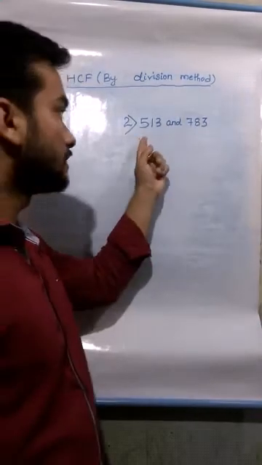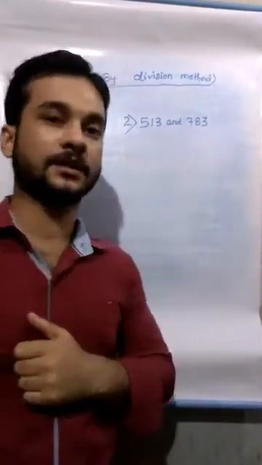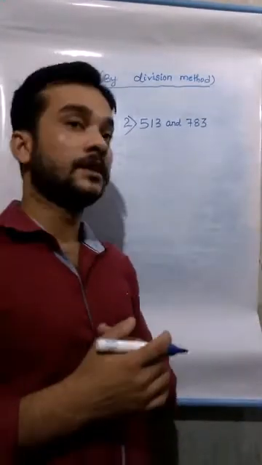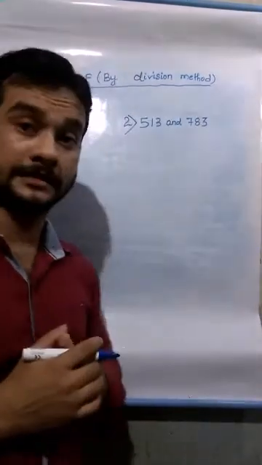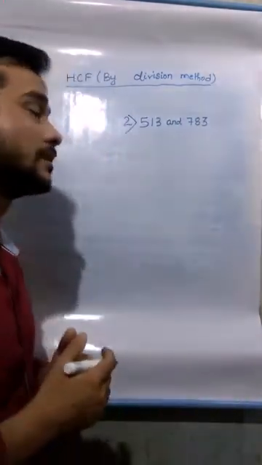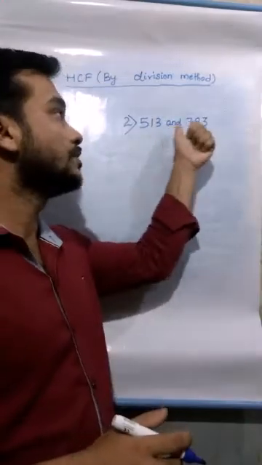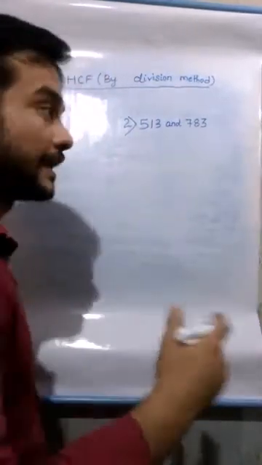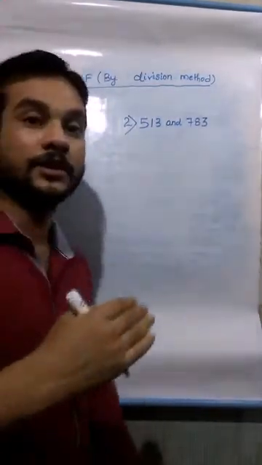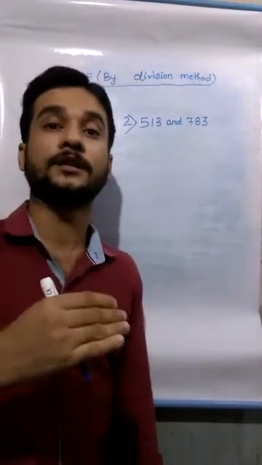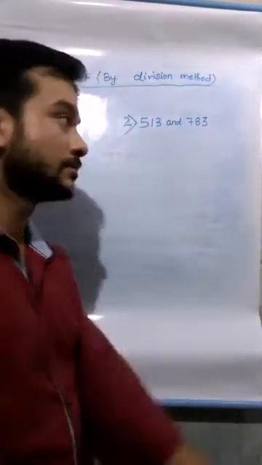Now there is another question, 513 and 783. We will find the HCF by the division method. Again we will divide the two numbers. This is the way to find HCF, and we will do this division until we get the remainder 0.